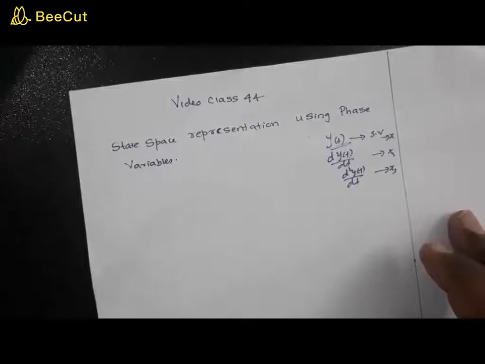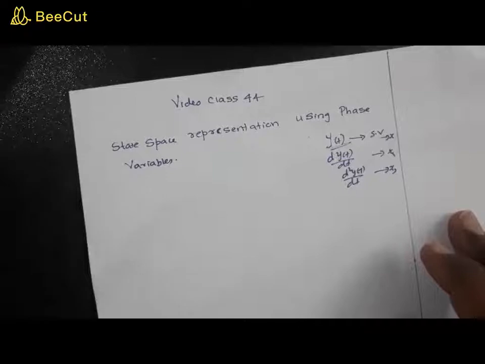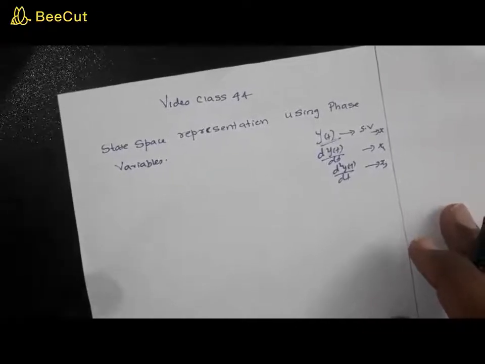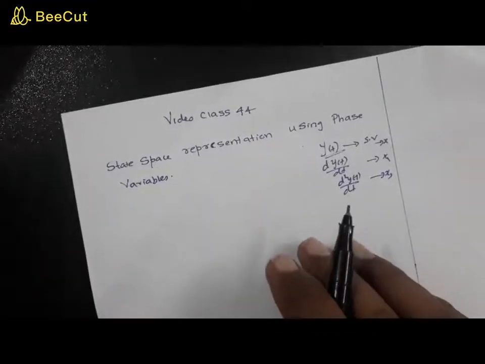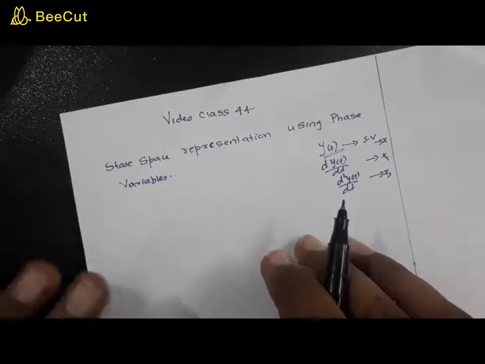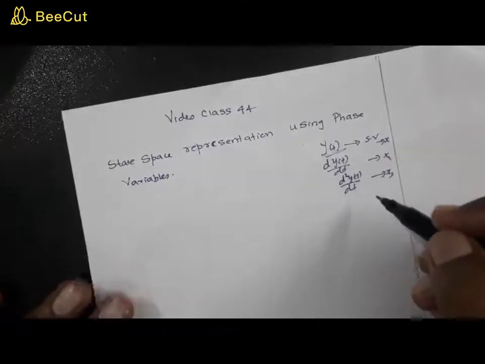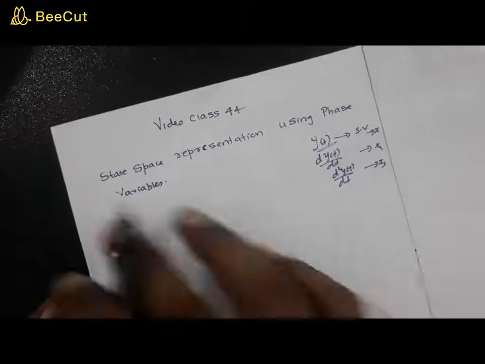In a mechanical system we assigned the displacement to be the state variable, while in an electrical system we assigned current and voltage. Here you will be given a differential equation, and you will assign the output as one of the state variables, and its derivatives will also be considered as state variables. We will be doing some examples on this.